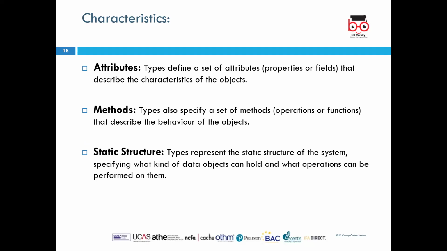Attributes define a set of attributes for our class. Methods declare operations and functions. And static structure represents a static system, specifying the kind of data object that will handle these operations.